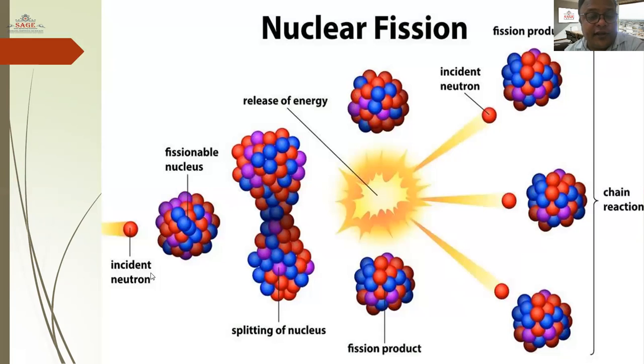This is the incident neutron, which is bombarding the fissionable nucleus, releasing a huge amount of energy and splitting the nucleus into two parts. After that, neutrons are also created after bombarding the heavy nucleus, producing a huge amount of energy, and the fission products are clearly shown in this part. And this is a continuous chain reaction process.